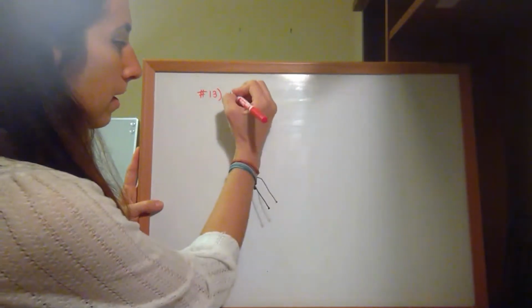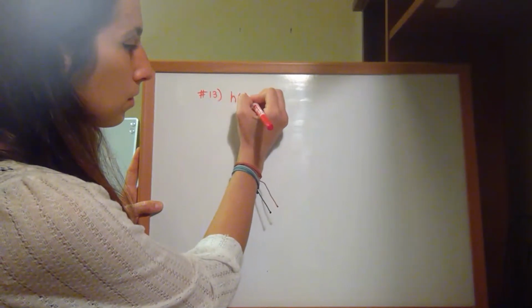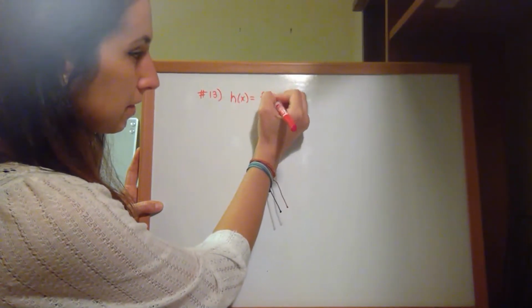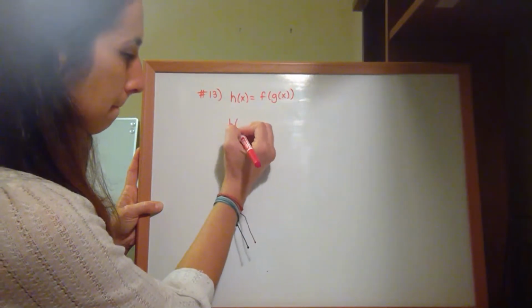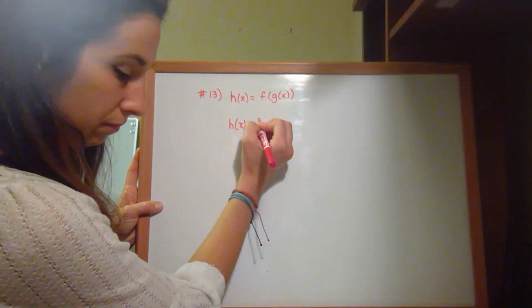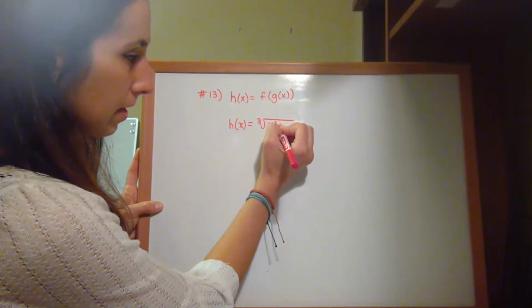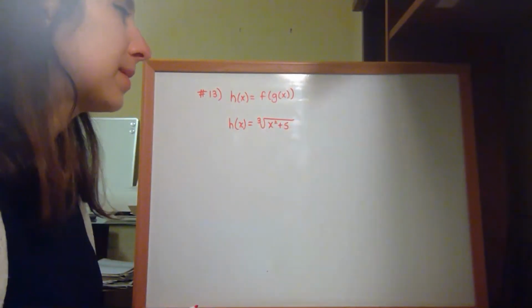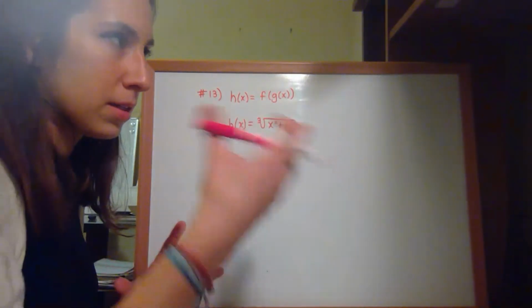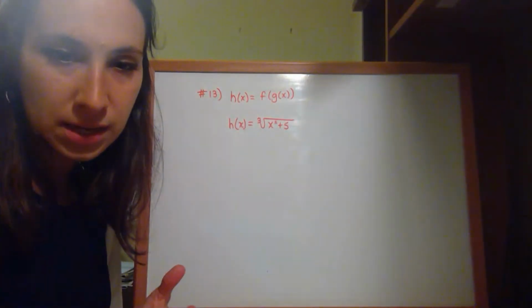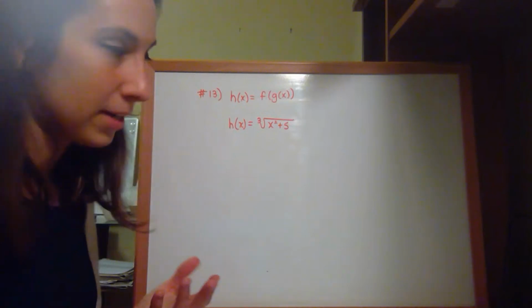Given that h of x equals f of g of x, decompose this, okay? So basically, g of x was some function and it was tucked inside f of x. They want you to indicate what do you think was tucked into what?